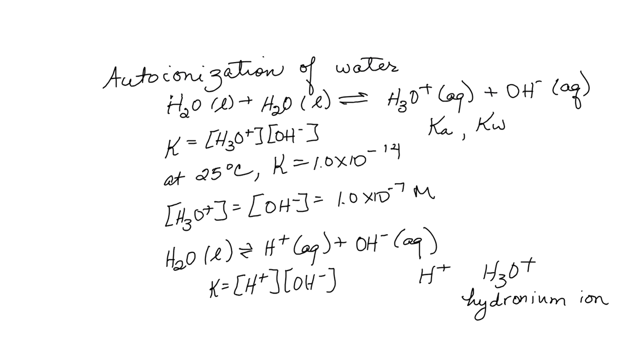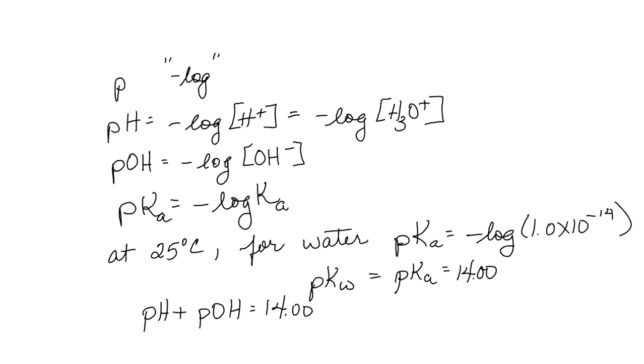Now that we know that, I've written down below the dissociation where we didn't have it react with two water molecules, but it just comes apart. Now, a little p means negative log.